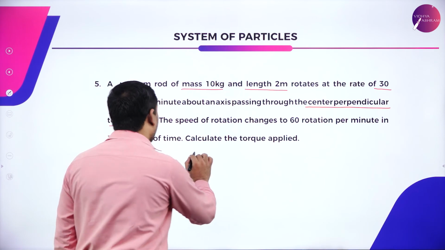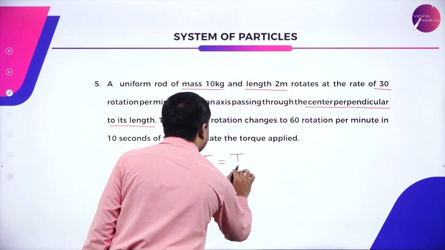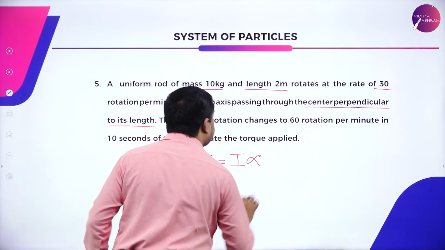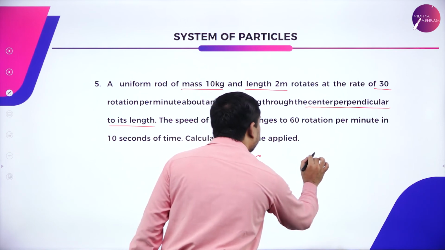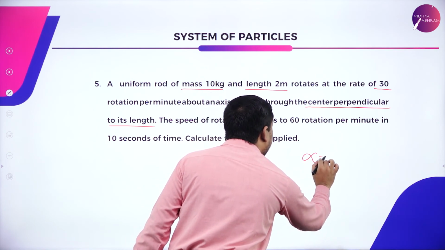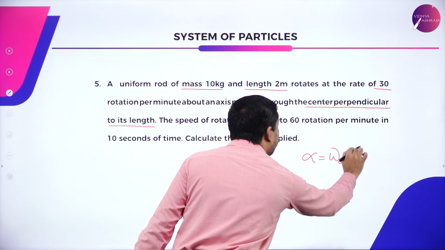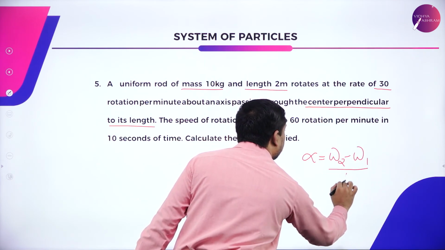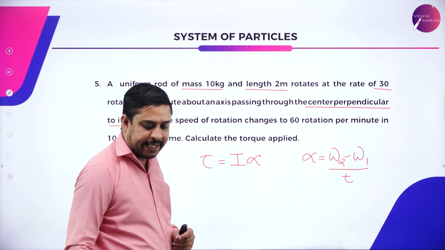Now, all of us know torque is I times alpha. And from the given problem, very simple. Again, alpha is omega 2 minus omega 1 by t.